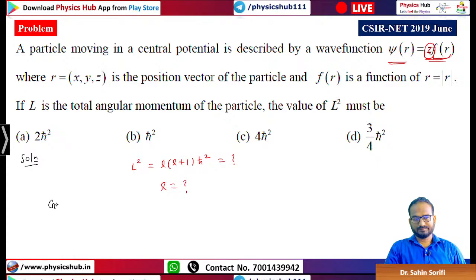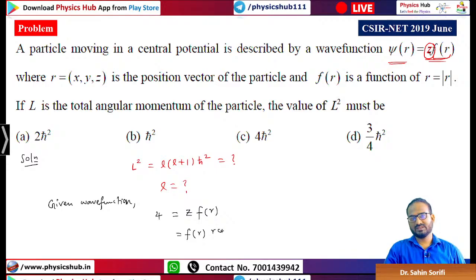Look, I think you can easily do it. Very simple problem. Given the wave function psi equals z times f of r, we have nothing to do with f of r, that is the radial part. Let's keep it separate. Z, if you express it in spherical polar coordinates, is r cos theta, right?